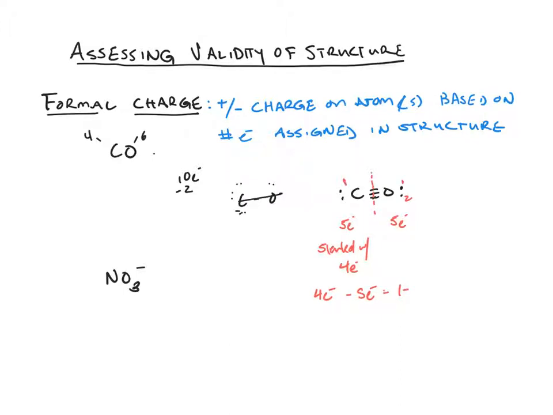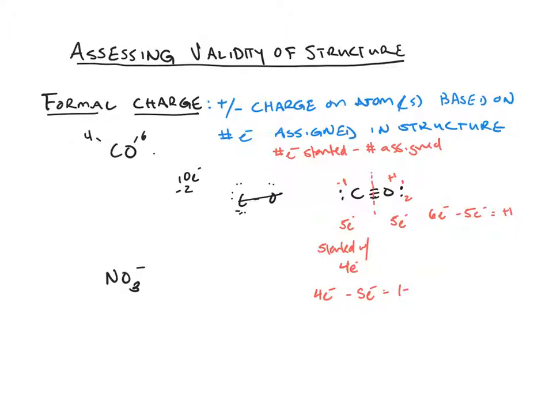So this carbon has a charge of -1. If we do the same exercise for oxygen, it starts with 6 valence electrons. We've assigned it 5, which means we've taken away 1, so oxygen is carrying a +1 formal charge. To determine the formal charge, we take the number of electrons it started with and subtract off the number that we assigned.